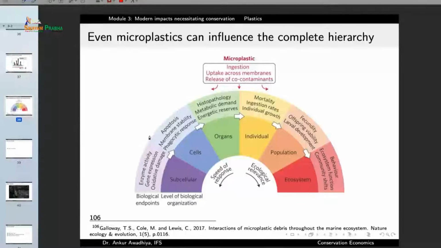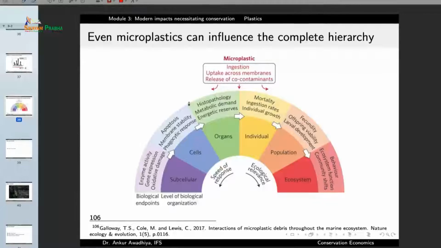It may hamper the membrane stability. It may impact the phagocytic response. Now, phagocytosis is the process by which a cell is able to eat. Now, if a cell starts to eat these microplastics, then probably they will also impact the phagocytic response of different cells. At the level of organs, they impact the histopathology, the metabolic demand of the organism, and the energetic reserves that are there.